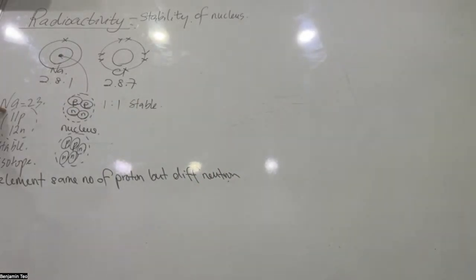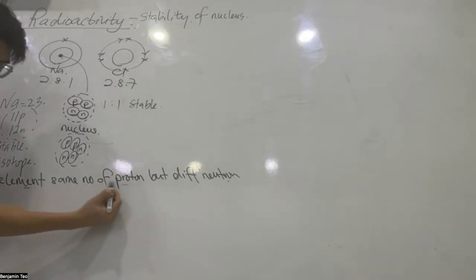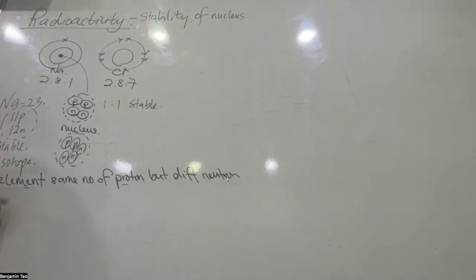So let's say sodium 这个是我的 element 对吗？Sodium，它的 isotope 是 sodium，也有一个是 sodium 24，它这个是11个 proton，那 same number of proton，then 这个有13个 neutron，这个是 sodium 的 isotope。Same number of proton but different number of neutron.